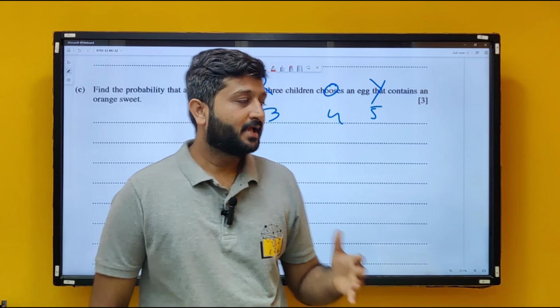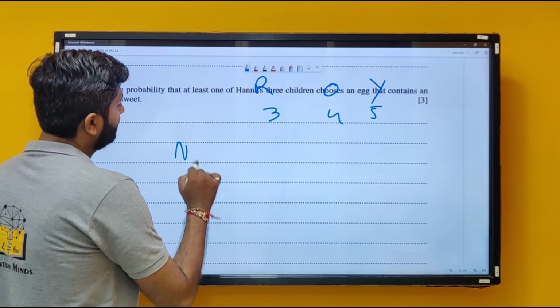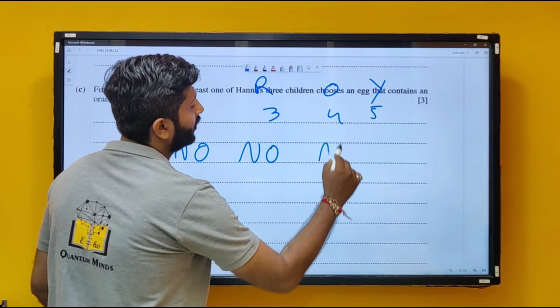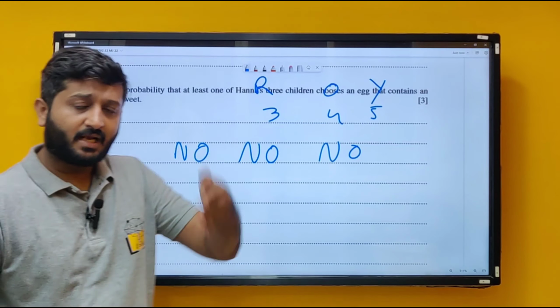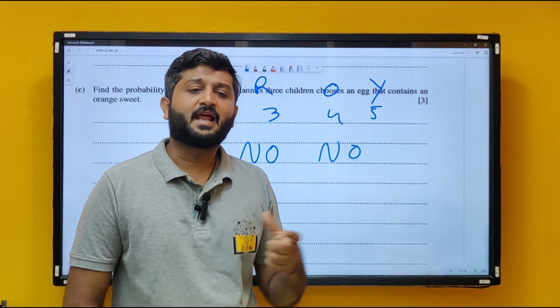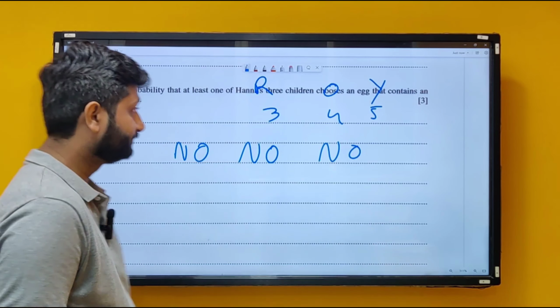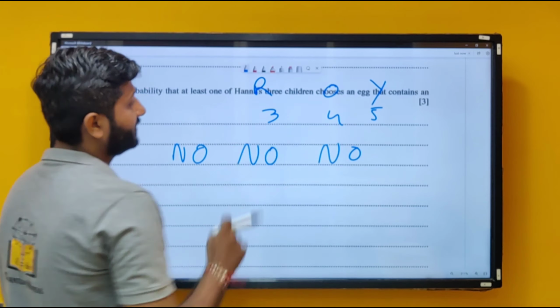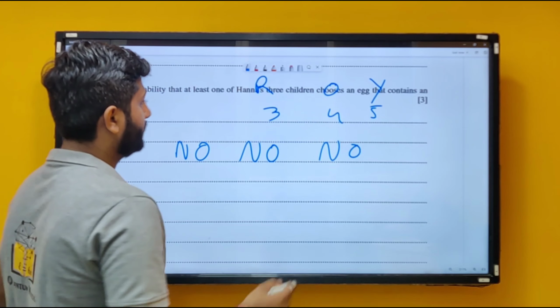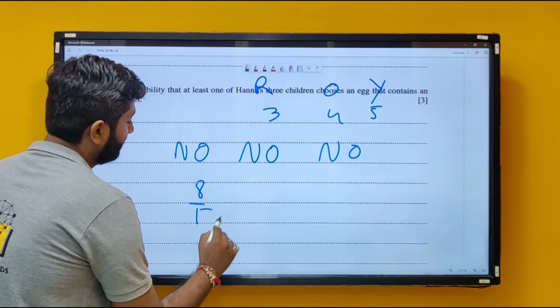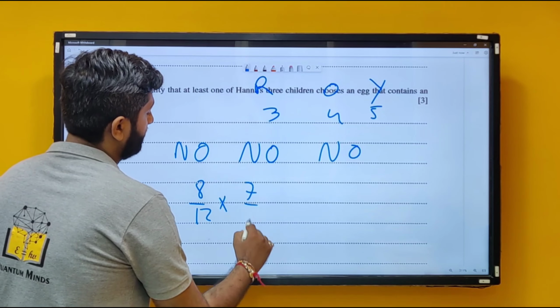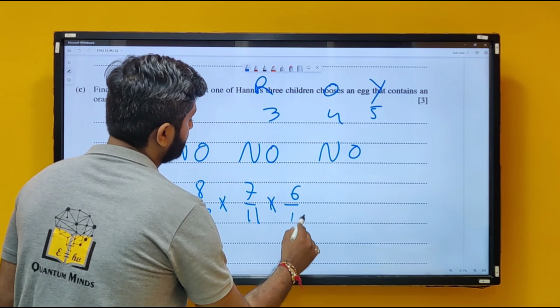So let me do one thing. Let me find the probability that none of the sweets are orange. No orange, no orange, no orange. Let me subtract it from 1. So I'll have the probability of at least one orange sweet. So no orange means the sweet should be either red or yellow, which is 8 by 12 into 7 by 11 into 6 by 10.